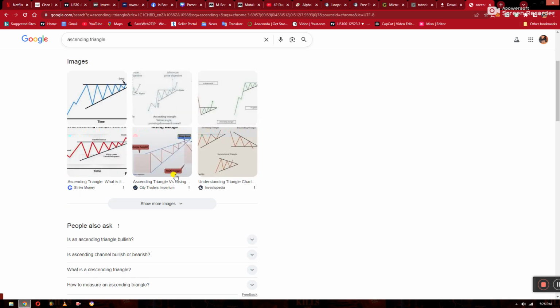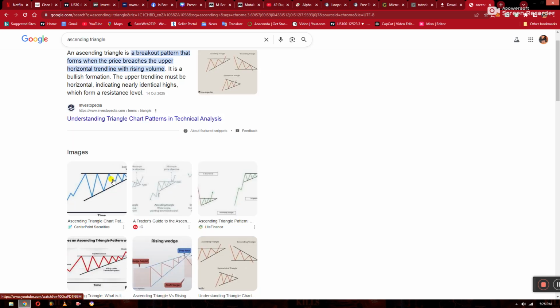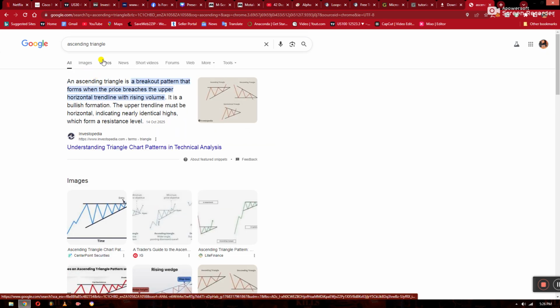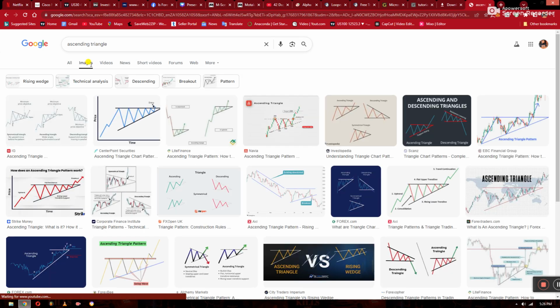I'm not sure which one it is, but it's an ascending pattern in most cases. When we have that kind of ascending pattern, I want to show you where it actually sells. No, it's not an ascending triangle. I'm flipping wrong.